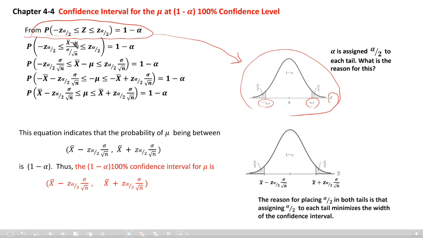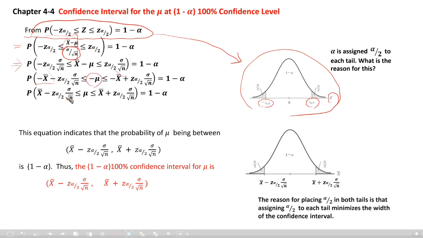Then what is G? G is x bar minus mu divided by sigma over square root of n, right? Same equation. Then it will be minus g alpha over 2 less than x bar minus mu over sigma over square root of n, less than g alpha over 2, with probability 1 minus alpha. Multiply sigma over square root of n to each part. Then subtract x bar from each part, leaving minus mu in the middle.